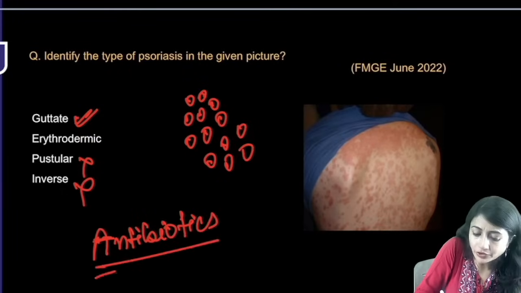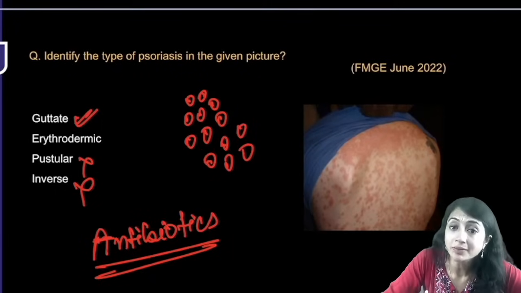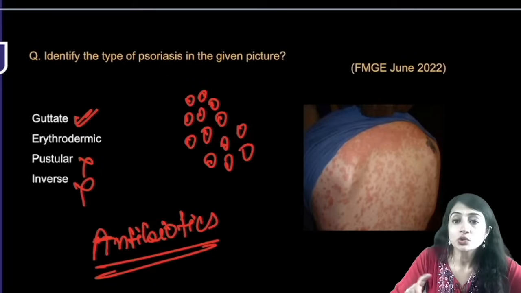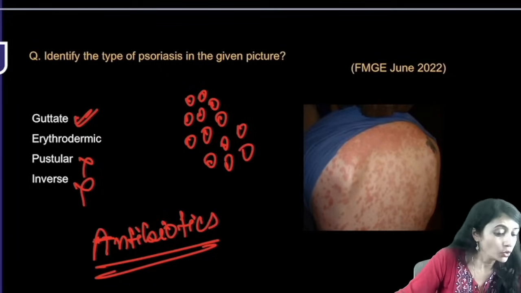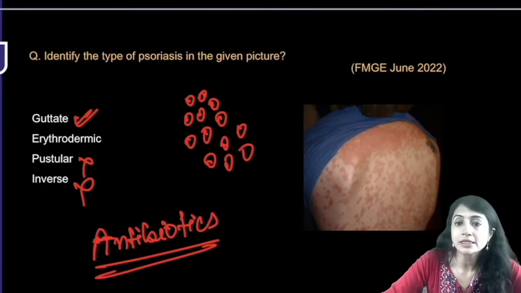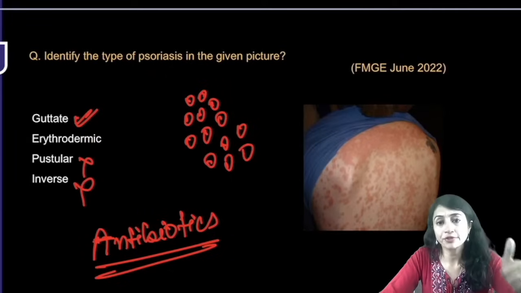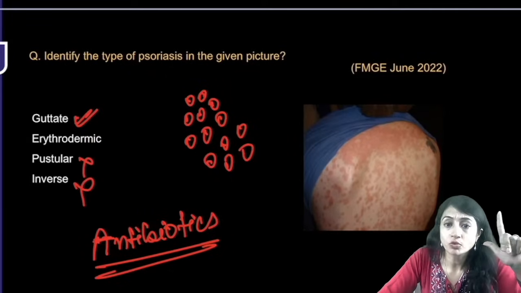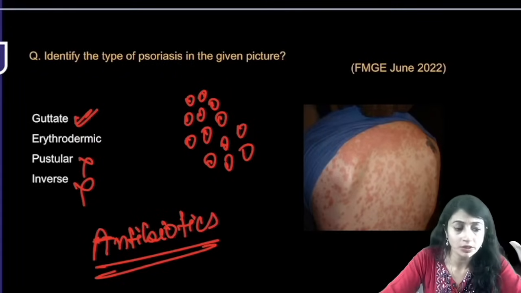You give antibiotics because guttate psoriasis is thought to be caused by streptococcal throat infection. So this is one psoriasis which is not treated by methotrexate, and no dapsone, no retinoids. This is a type of psoriasis which is related to upper respiratory throat infection, so related to streptococcal infection, and so antibiotics are given for its treatment.